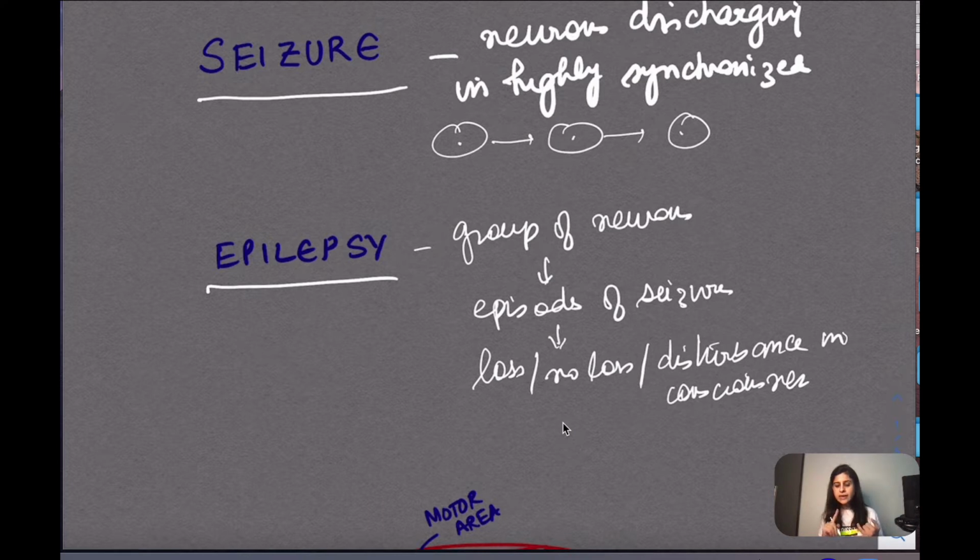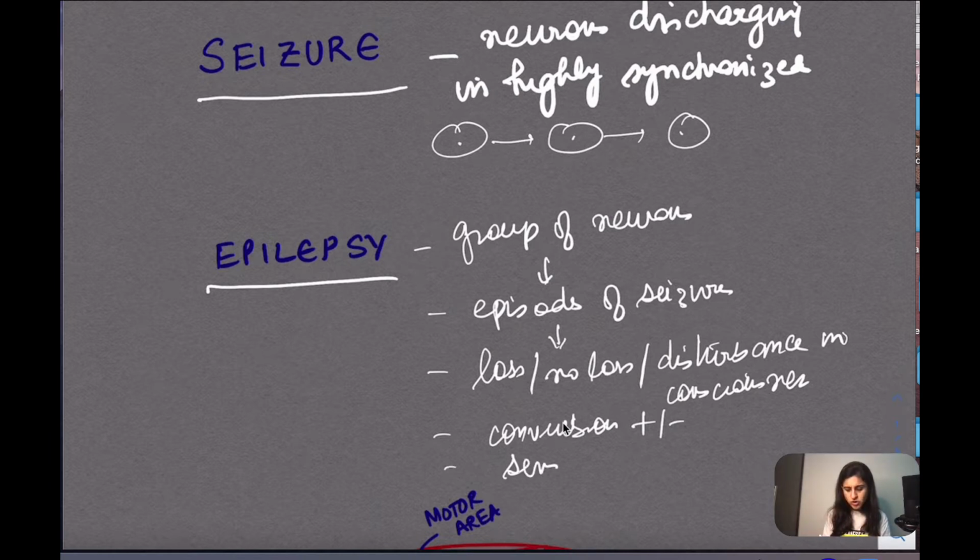Then there can be movements of the muscles, or motor body movements, which we call convulsions. Again, convulsions may be present or may not be present. Then there can be certain other features like sensory or psychiatric phenomena, depending on the area involved and the type of epilepsy.